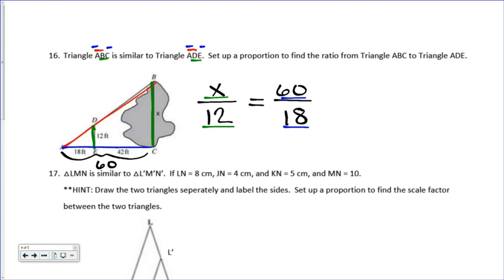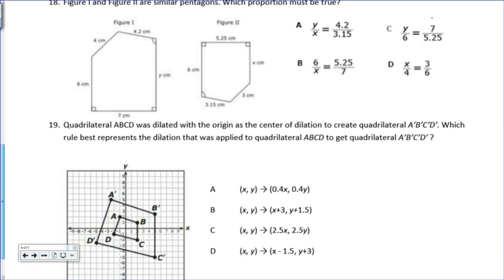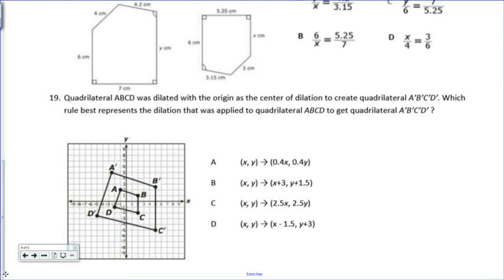And the last one that let's do is number 19. Okay, quadrilateral ABCD is dilated with the origin as the center of dilation to create quadrilateral A prime, B prime, C prime, D prime.